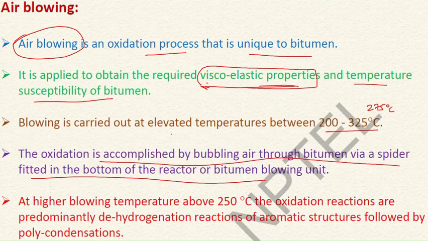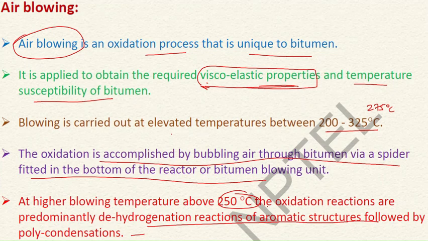At higher blowing temperatures above 250, the oxidation reactions are predominantly dehydrogenation reactions of aromatic structures followed by polycondensation. So if air blowing takes place at a temperature higher than 250, dehydrogenation of the aromatic structures takes place. As we know, bitumen consists mainly of heavy hydrocarbons, mainly aromatics.